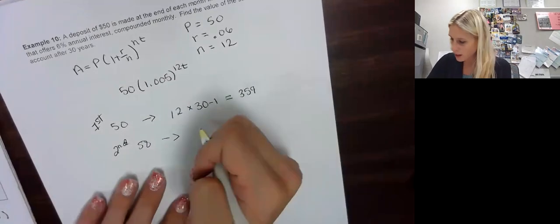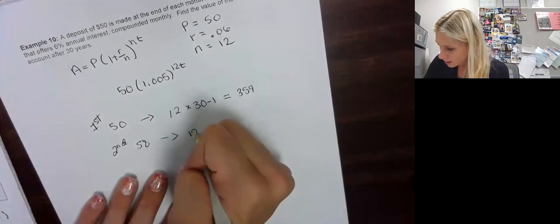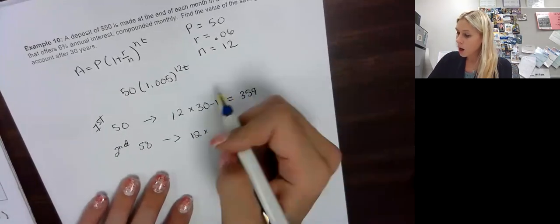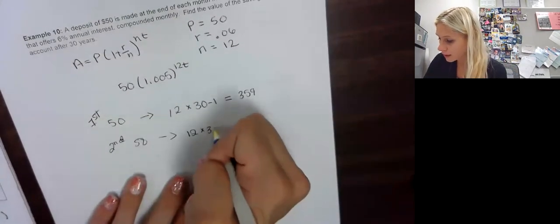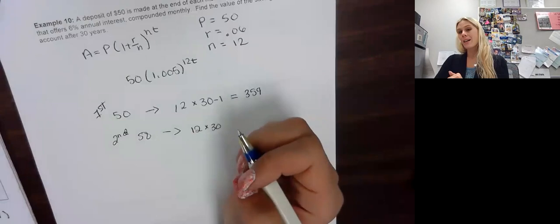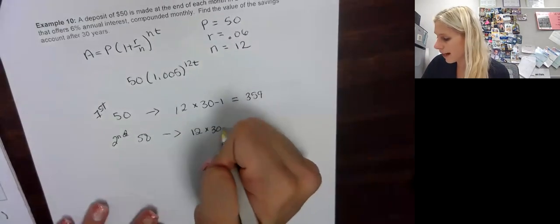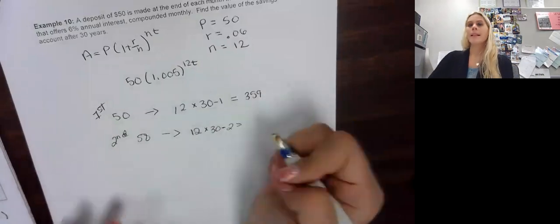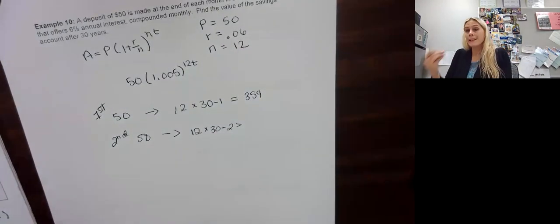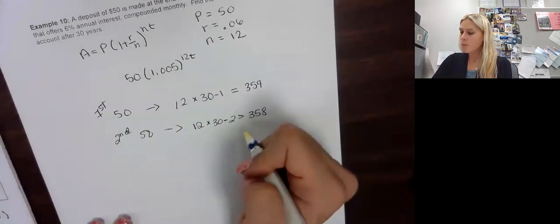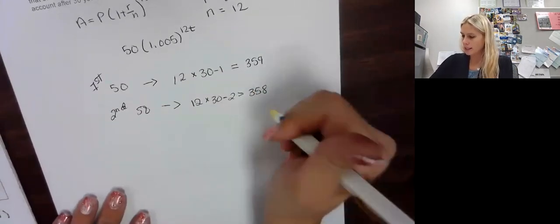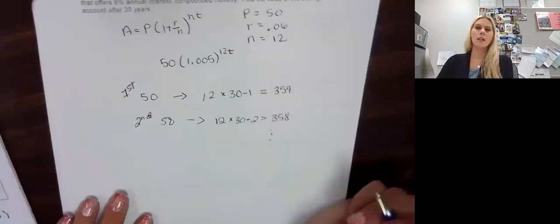We would be doing 12 months, 30 years. But now, since this is the end of the second month, we have to subtract 2 from it. Because yes, we're doing 12 months and 30 years, but this is at the end of 2 months. So we're looking at 358. And then we keep going, right? So we have to almost subtract a month each $50.